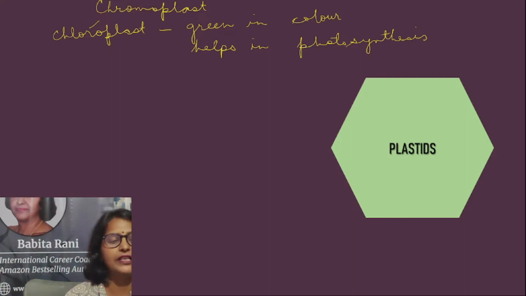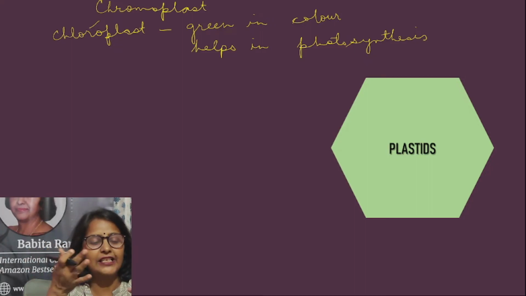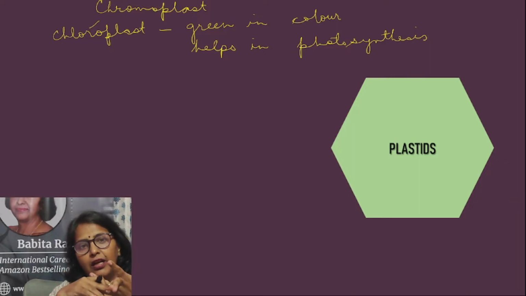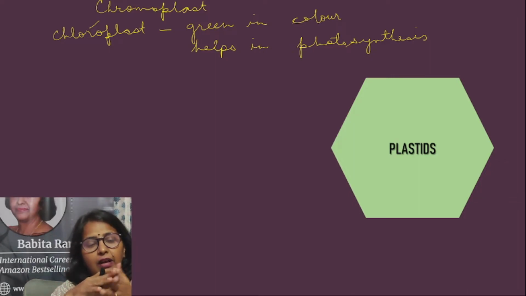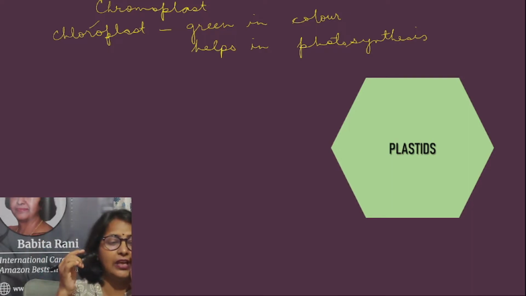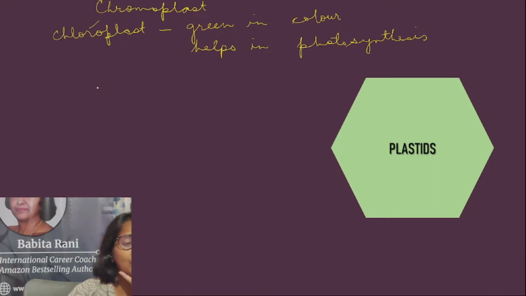The other chromoplasts may be red in color, brown in color, pink in color, orange in color. So these are different types of colors, and chromoplast generally provides colors to different parts of the plant.